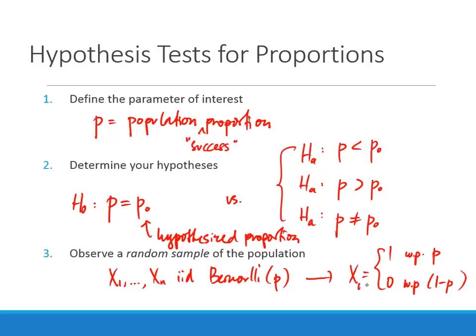So each xi, I should say, equals either 1 or 0. So changing notation just a little bit here. I'm going to observe a random sample of objects, and for each one I'm going to determine yes, it was a success, or no, it was not a success.